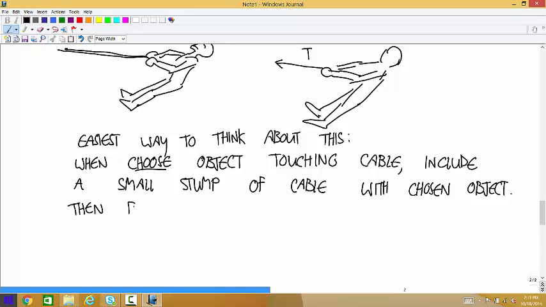Then the force applied by the cable acts straight out of the stump.